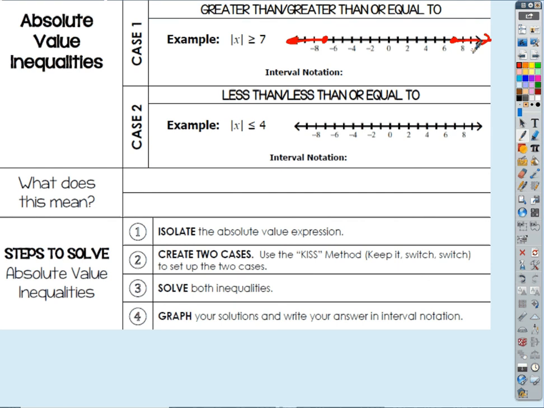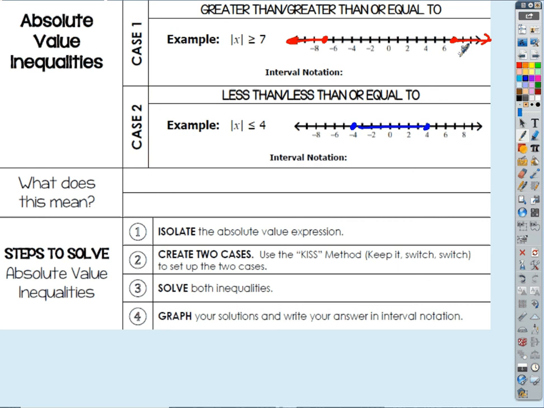Okay, what about down here now? Here we want the places where the distance between x and 0 is less than or equal to 4, so those are going to be closer. So that's an and inequality, and that's an or inequality. Right? Now I get it. Okay, make sense?